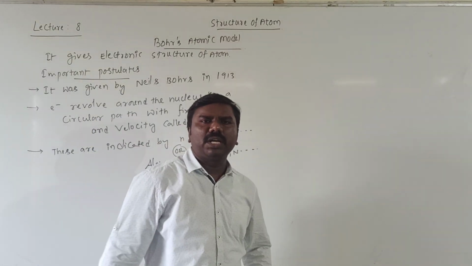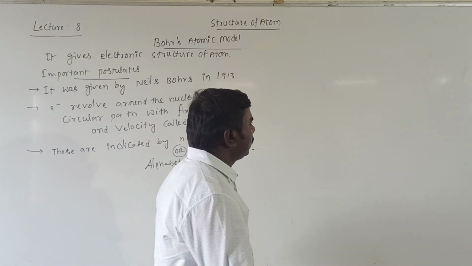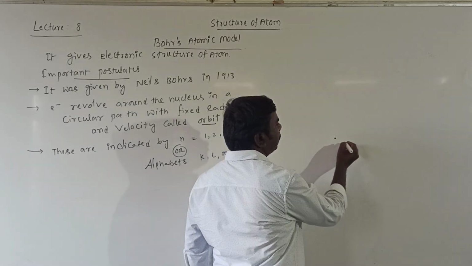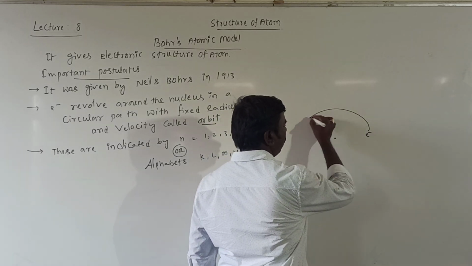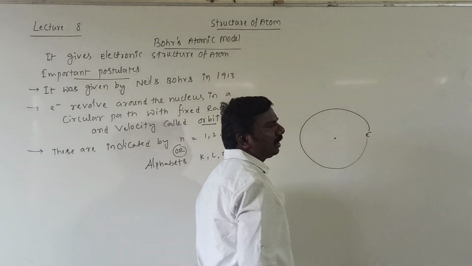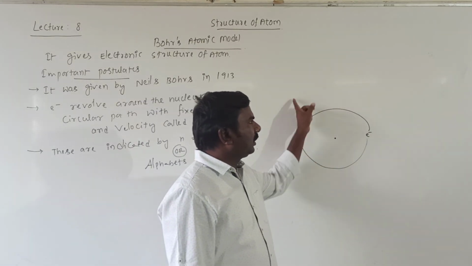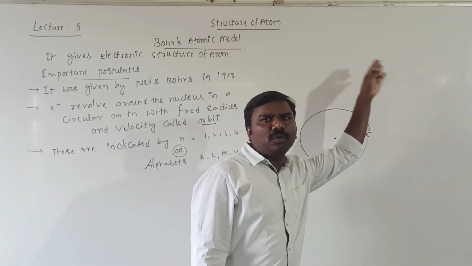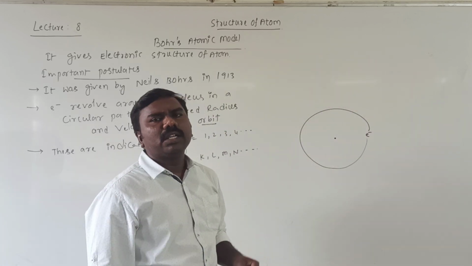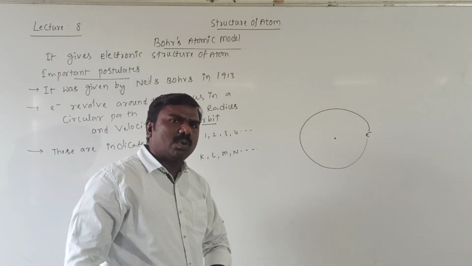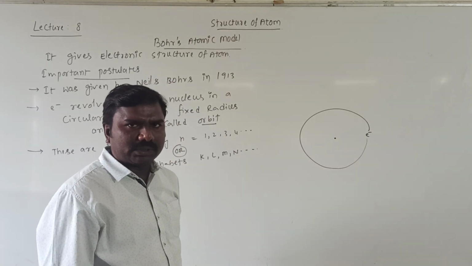Whatever it is, you can indicate like this. So this is the nucleus. The electron revolves around the nucleus in a circular path. This path is called an orbit. First orbit, second orbit, third orbit, fourth orbit, like that. Totally 1, 2, 3, 4, 5, and so on. An infinite number of orbits are possible.